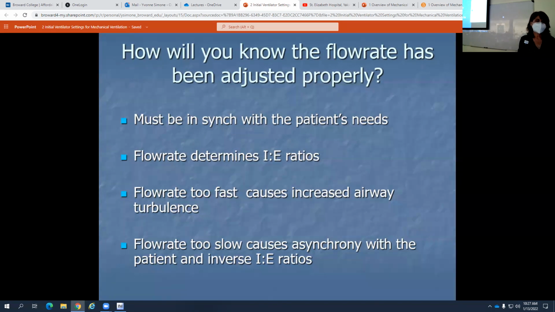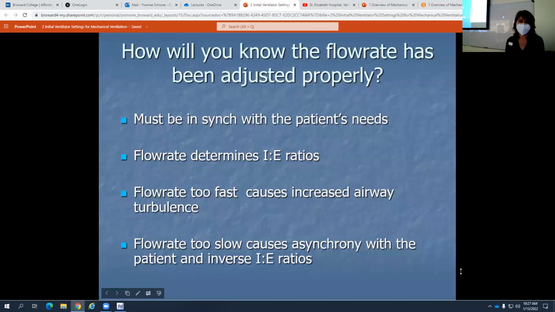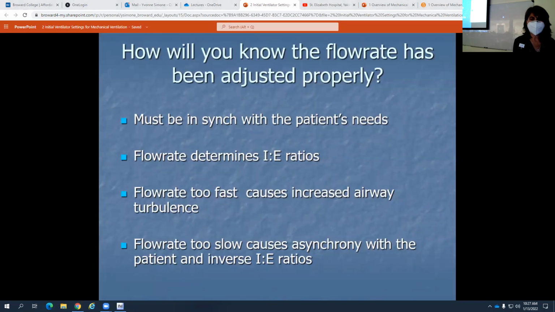Next, it says flow rate too fast causes increased airway turbulence. And you will know that because your pressures go really high. So airway turbulence means high airway pressures.